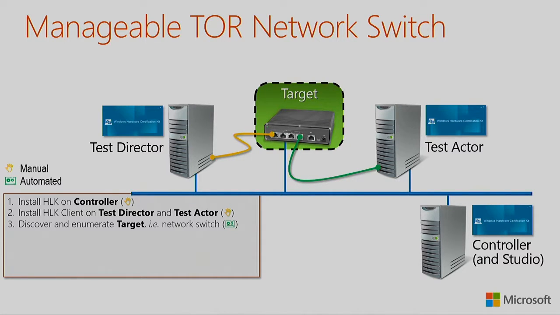So what you would see through these three examples of the topology is that each target is a single physical component, a single physical system, a single physical unit, whether that unit is a system or a network switch.